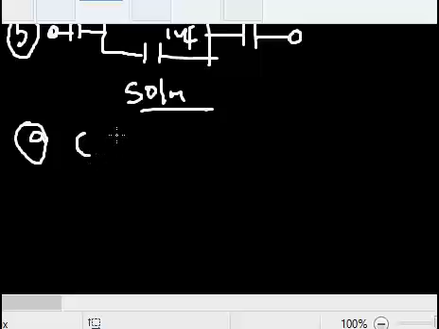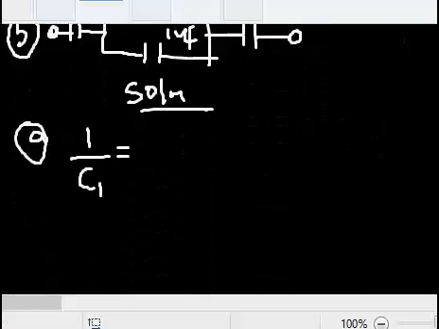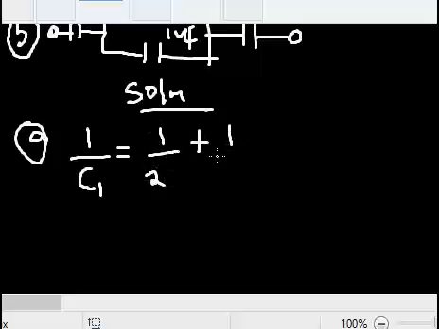Now remember, to resolve a series, 1 over C1, which is the total capacitance of this series up here, is going to be equal to 1 over 2 plus 1 over 2. Remember, series resolution.